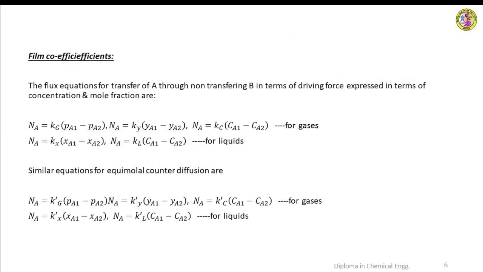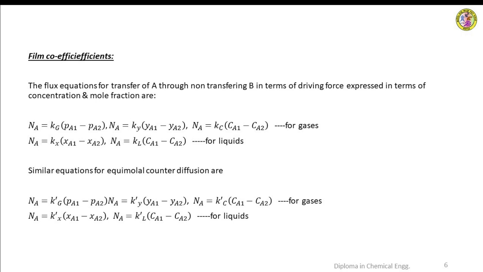So let us now write down those equations in short form like this. Na is equal to DAB P by RTZ PBM will become Na is equal to small kg into Pa1 minus Pa2. So kg here is an individual mass transfer coefficient for gas phase. In the same way, for the same case, we have Na is equal to DAB P by RTZ YBM into Ya1 minus Ya2.